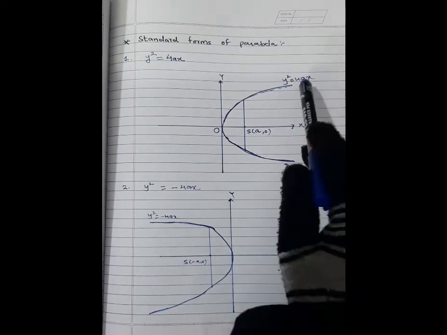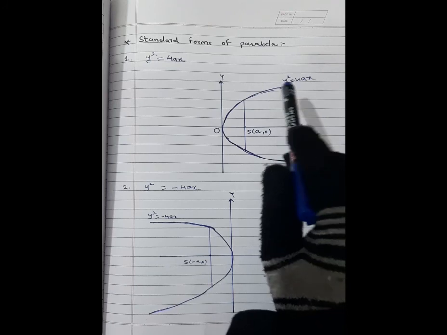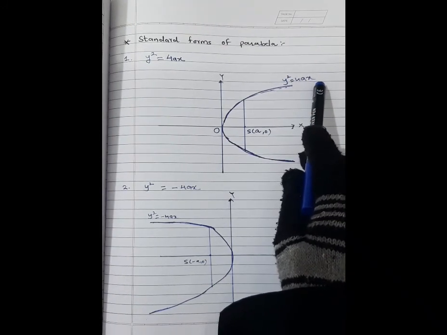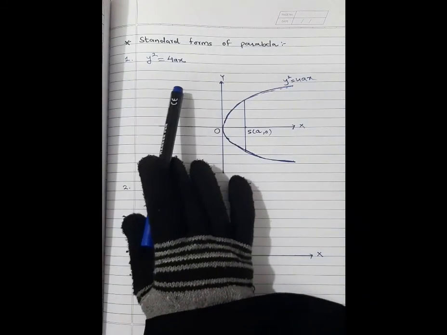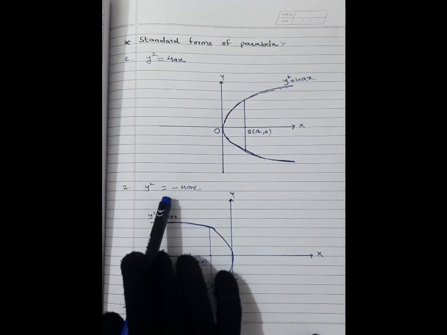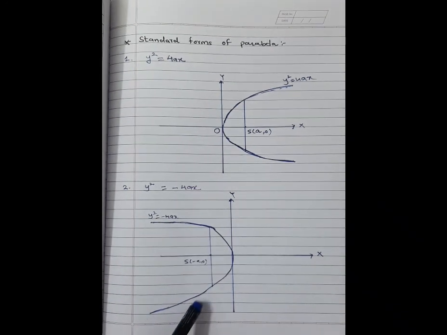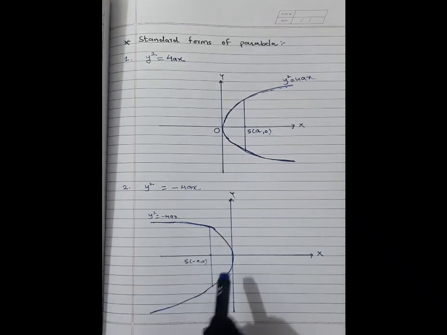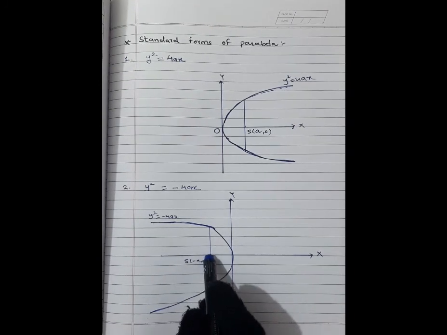So here we'll draw this parabola in the first and fourth quadrants. This is the equation of the parabola y square is equal to 4ax. So this is the first form of parabola, students, y square is equal to 4ax. And the second form is y square is equal to minus 4ax. See here, our parabola is drawn in the second and third quadrants because this point S is on the negative x-axis.